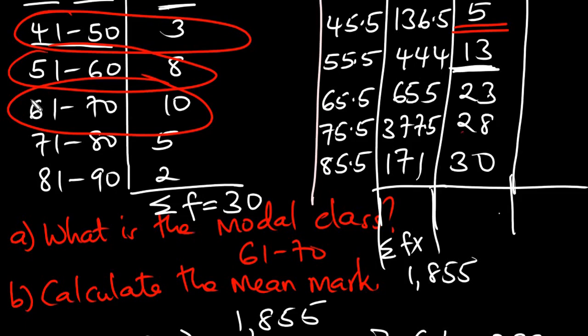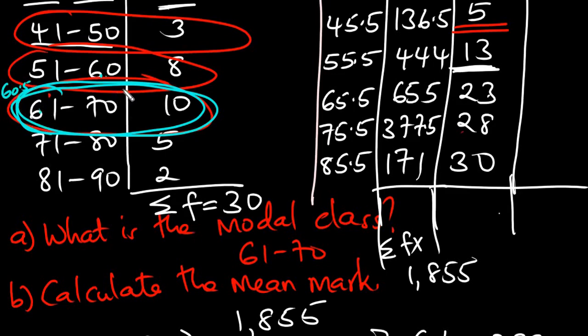For the class 61 to 70, we add 60 plus 61, and then divide by 2. So we have 60.5. That's the lower class limit.